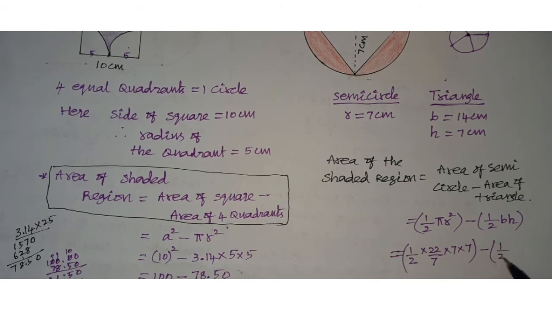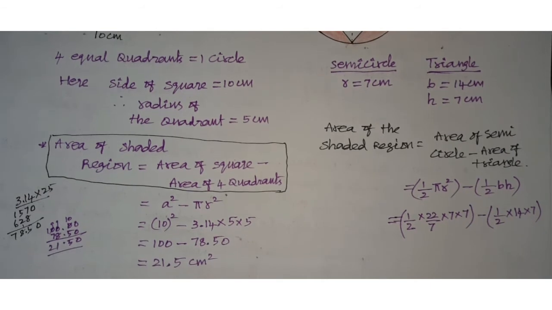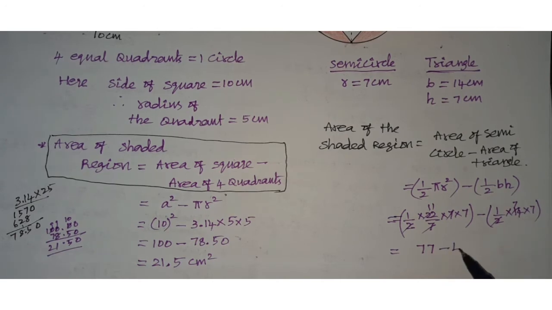Minus 1 by 2 into base 14, height 7. Now cancel the numbers. 7 11s are 77 minus 7 7s are 49. So the required area is 77 minus 49, 28 centimeters square.